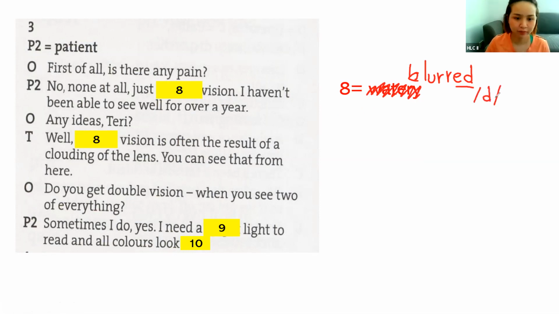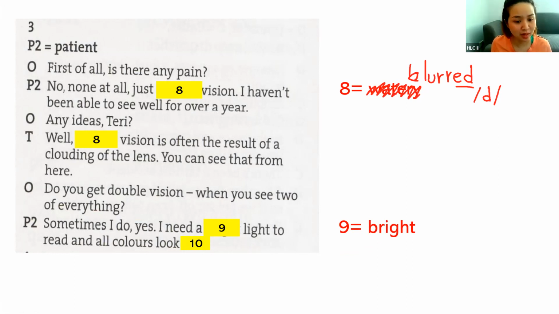Blurred vision. So this patient hasn't been able to see well for over a year, which is quite a long time. And again, number 8, this is supposed to be the same word. So the answer for number 8 is blurred.